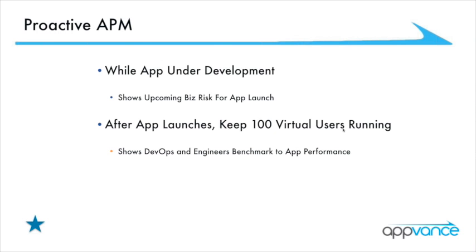After the app launches, though, that's where I think using a proactive APM strategy makes sense. So it could be that while the app is under development, you run a performance test against it, say, at 10,000 virtual users. Well, after the app launches, what I'd recommend is keep 100 of those virtual users running all the time.